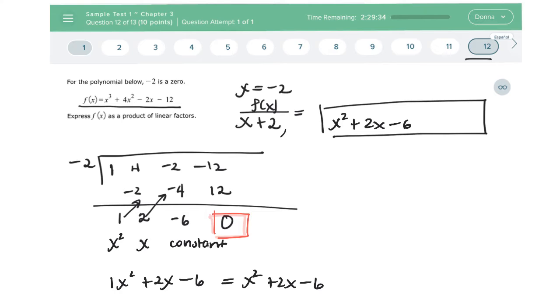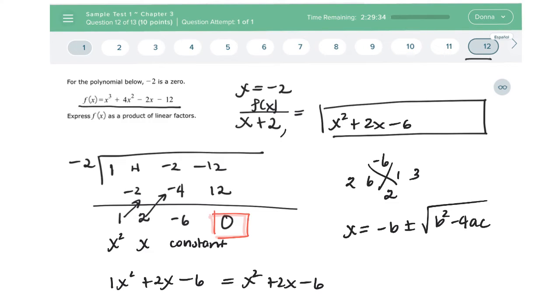Now what we want to do is factor that resulting quadratic. So we can ask ourselves, are there factors of negative 6 that add up to 2? So 6 only has factors of 6 and 1, and 2 and 3. And no matter what we do, whether we change the sign or not, they're not going to work. So in order to factor that, we're going to have to use the quadratic formula. The quadratic formula states that x is equal to the opposite of b plus or minus the square root of b squared minus 4ac all over 2a.